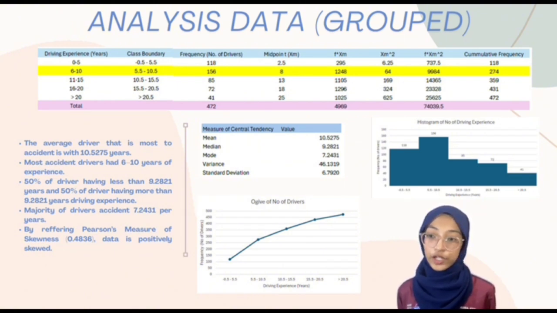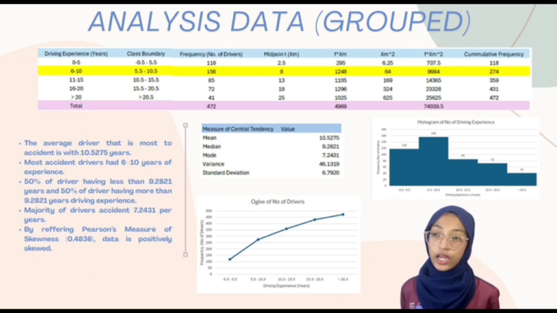After calculating measure of central tendency of these 2 data, we can interpret average driver that is most of accident is with 10.5 to 7 years. And the most accident drivers had 6 to 10 years of experience.